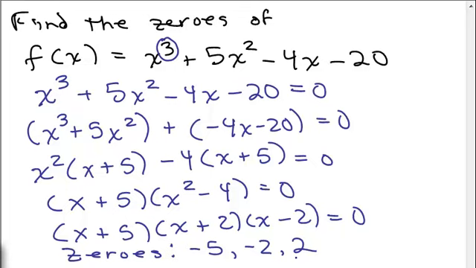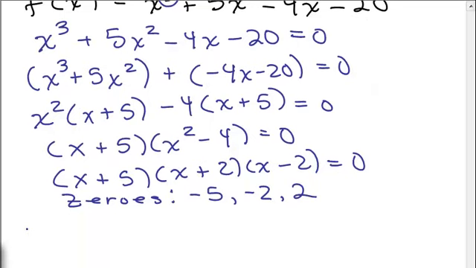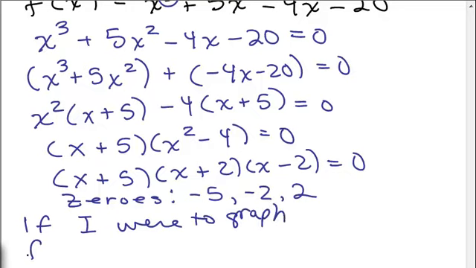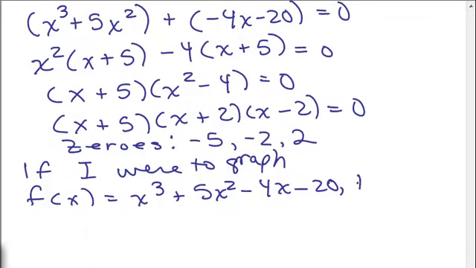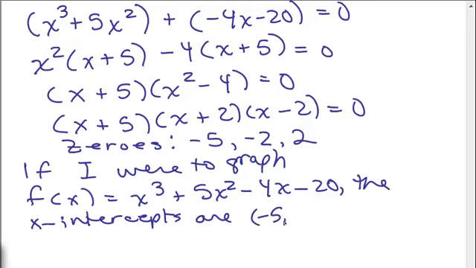Now, what does that mean graphically? That means if I were going to graph the function f of x equals x cubed plus 5x squared minus 4x minus 20, the x-intercepts are negative 5, 0, negative 2, 0, and 2, 0.